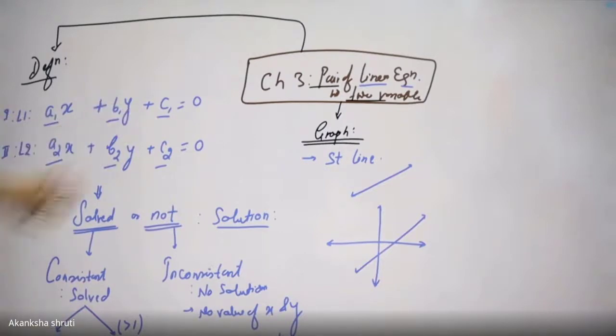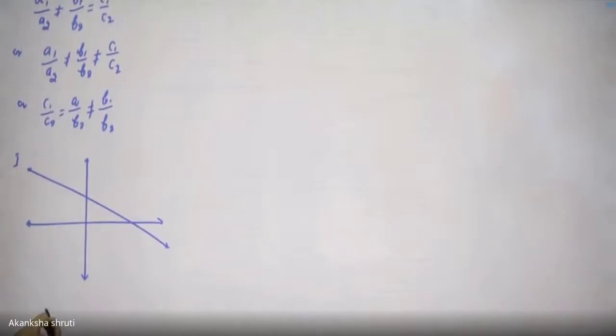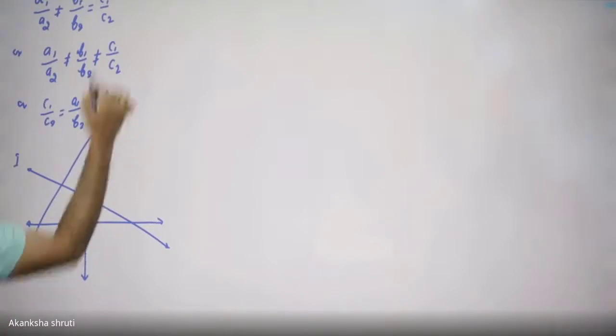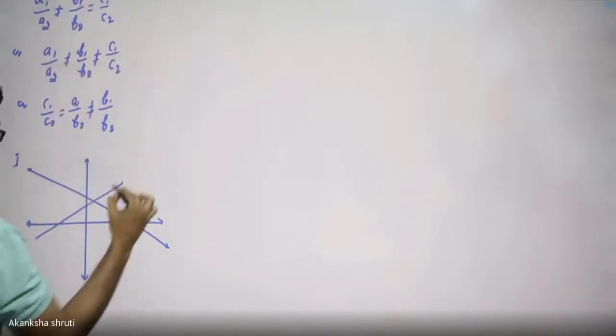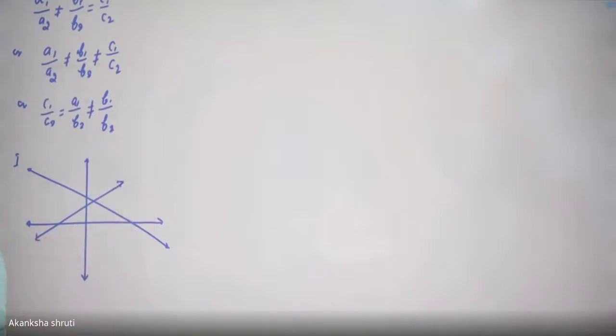So it is for this equation, then surely the other equation, if we draw it, will cut somewhere. It will not be parallel or overlap. It will surely be somewhere. Students, it need not be here only. It can be here. Okay? It could be like this.